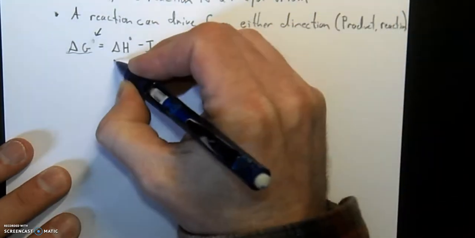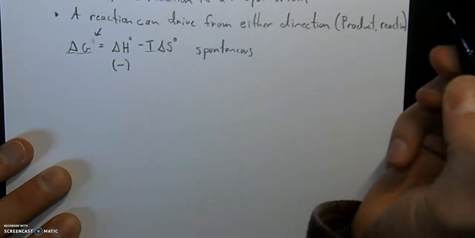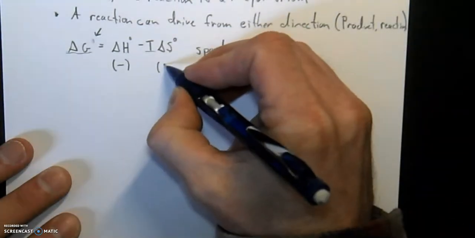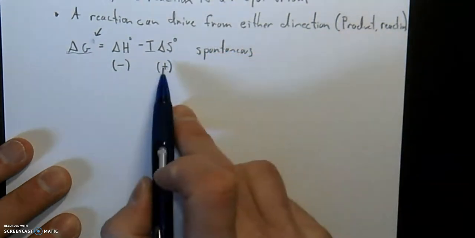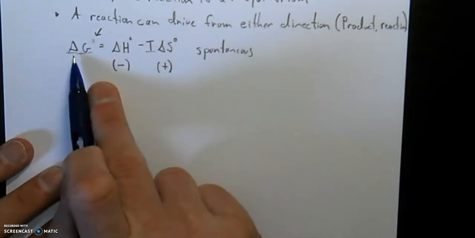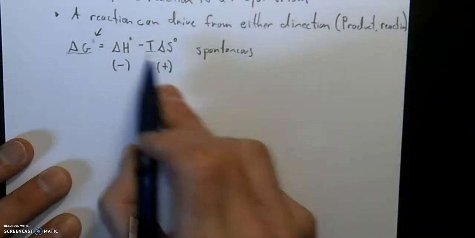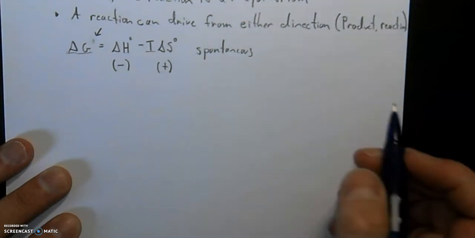We would think delta H would probably be negative. And for delta S, now that we understand it, to be spontaneous we probably would want that to be positive. And if you look at how the math works out, with delta H negative and delta S positive, this is always going to be negative because of this minus sign right there. So it's always going to work out that way.